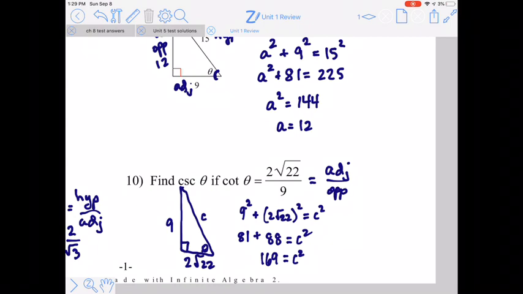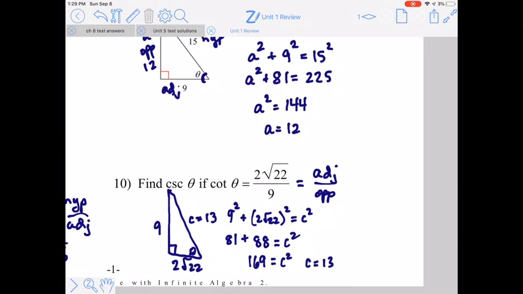And if you square root 169, you get 13. And then cosecant of an angle is hypotenuse over opposite.